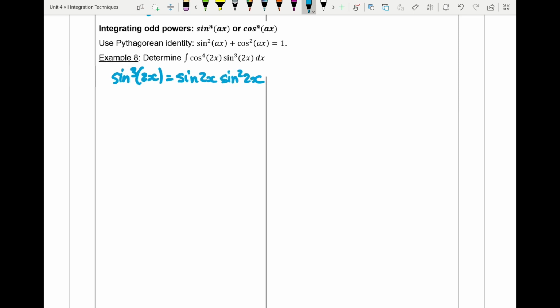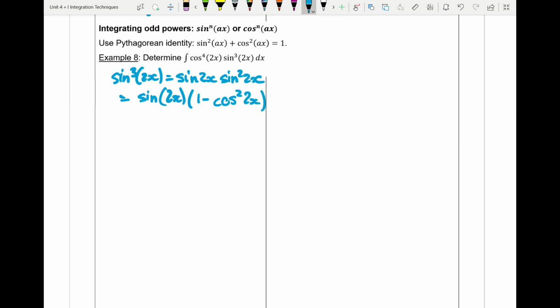And we can replace that sine squared of 2x with 1 take cosine squared of 2x. Oh, sorry, that's not squared, that's just sine of 2x, times 1 take cosine squared of 2x.